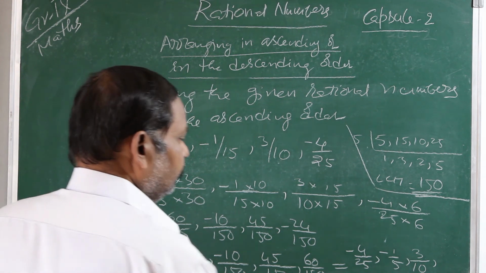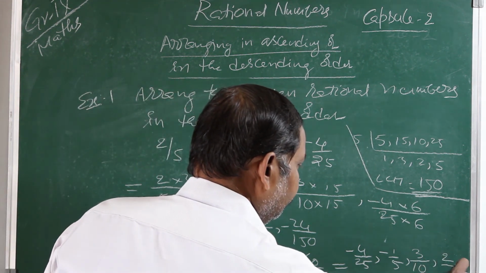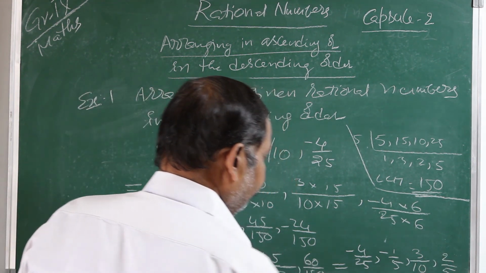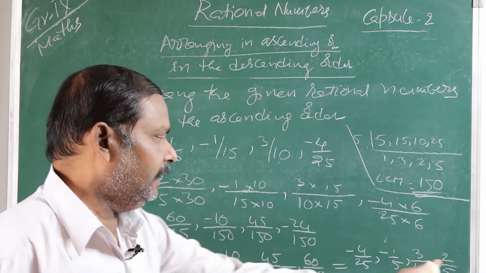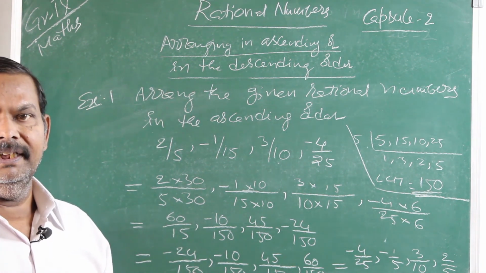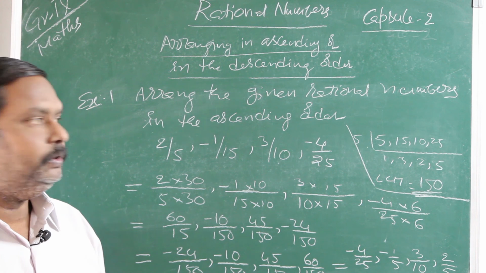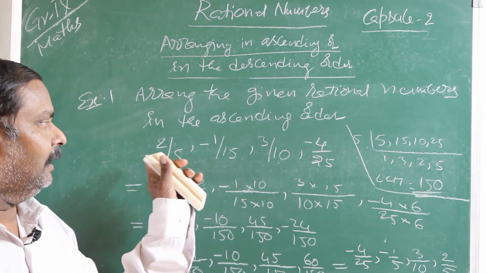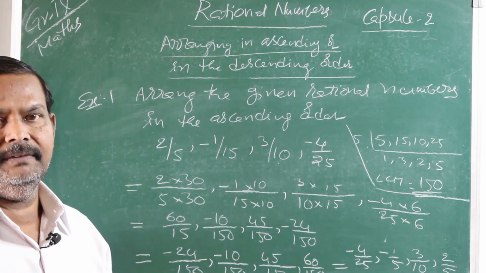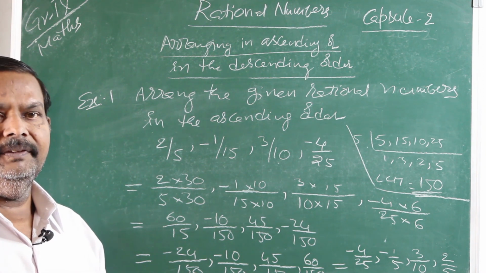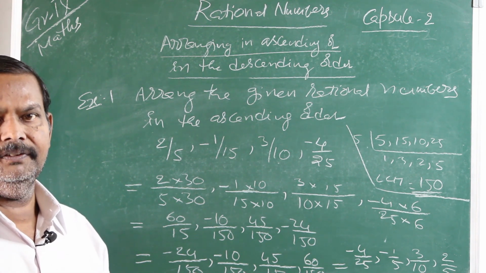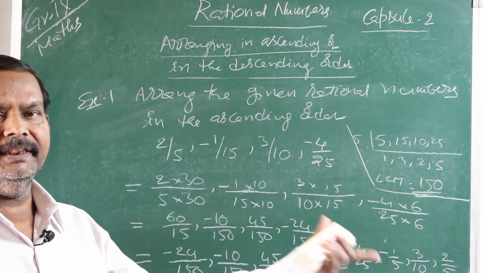And the last one is 2 by 5. So this is the ascending order of the given rational numbers. So the steps are converting into like rational numbers, arranging them in the ascending order of the numerators, and interpreting the final answer.